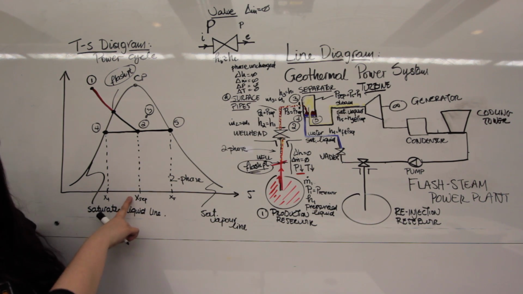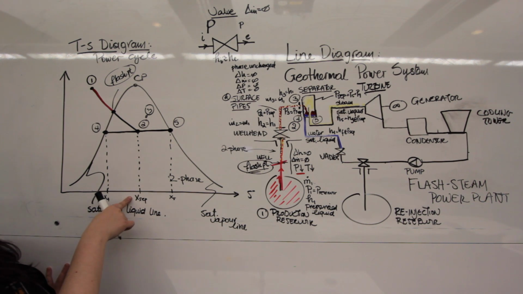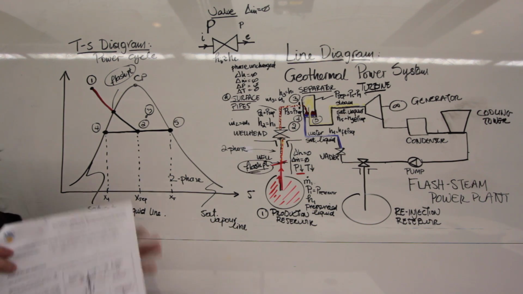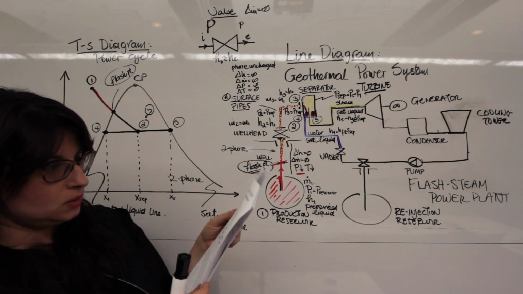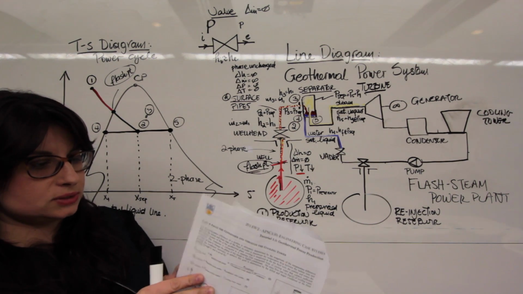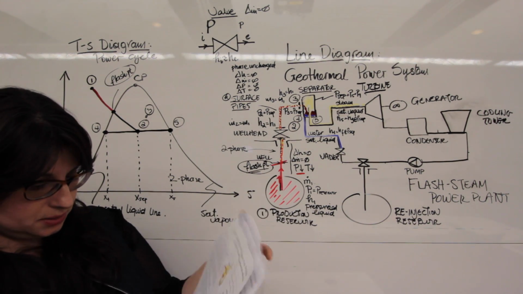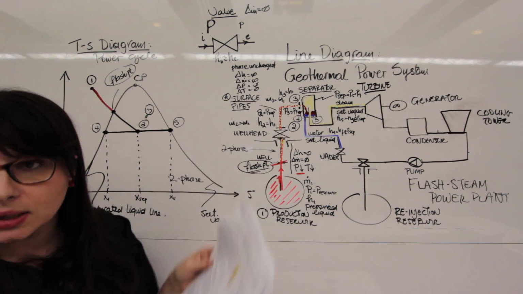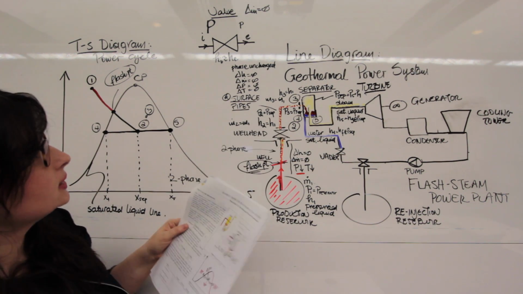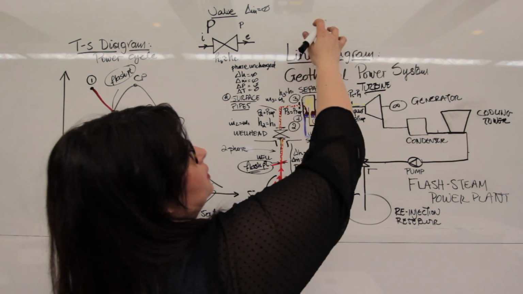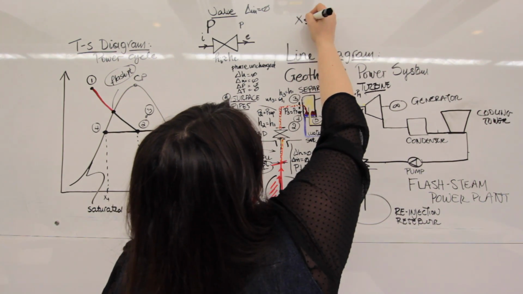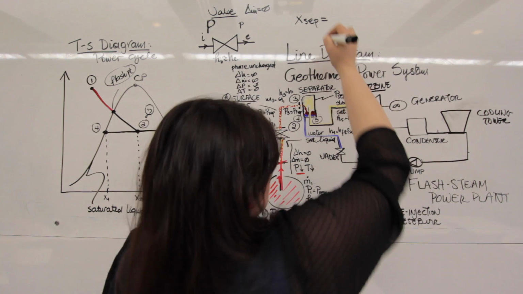I've given you an equation to calculate x of the separator. Remember your assignment? You need to look at page 3 of 8. This equation 1 is what you need to use to calculate the x of the separator. And I will write it up here because we can see it on the video. Great. So x of the separator is equal to what?